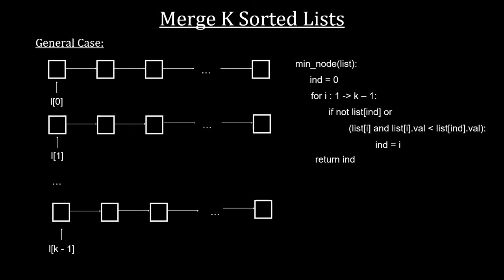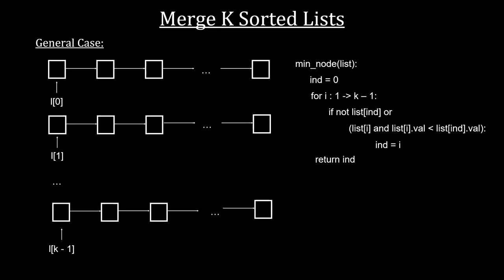Now let's take a look at the function minNode. It's basically the same strategy. We initialize a variable index with 0, supposing that list 0 is the smallest node. Then we iterate through each index I from 1 to k-1.